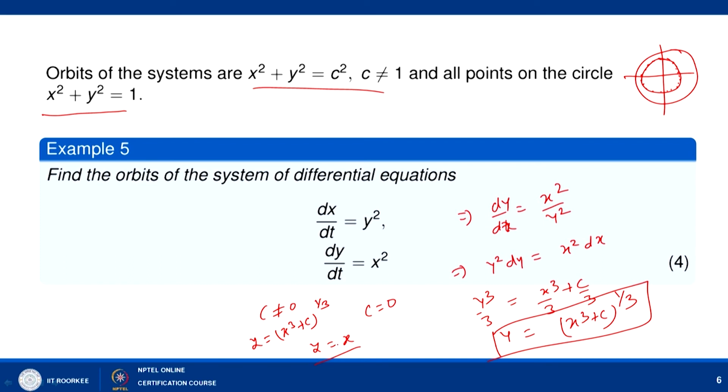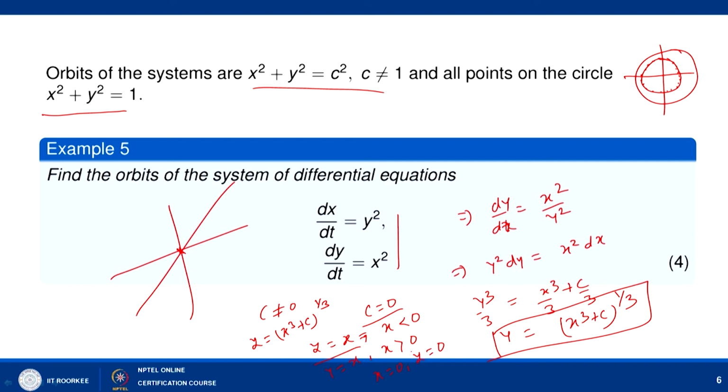So, this y equal to x is also an orbit corresponding to c equal to 0, but this line contains the point 0, 0, and at 0, 0 we have an equilibrium solution of this system. So, this y equal to x cannot be a single orbit, rather it is a union of three different orbits, that is, y equal to x when x is less than 0, y equal to x when x is greater than 0, and the point x equal to 0 and y equal to 0.